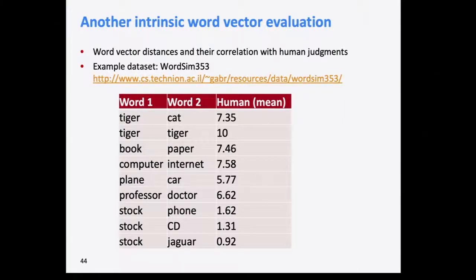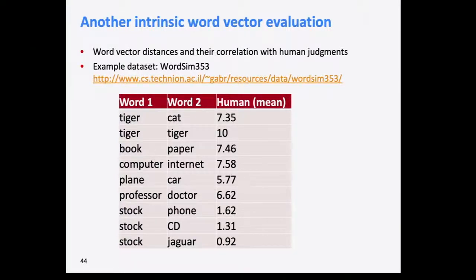So like a good psych person, you find your classroom of Psych 1 undergrads and show them pairs of words and say, rate these things for similarity on a scale of 1 to 10. Lots of that data has been collected and you work out the mean over human beings, and they give numbers like this: tiger and cat 7.35, tiger similar to tiger 10, book and paper, plane and car, stock and phone, stock and CD, and you get numbers.